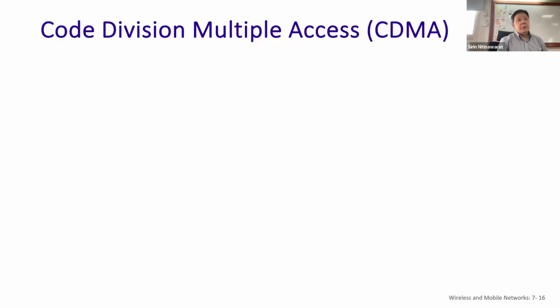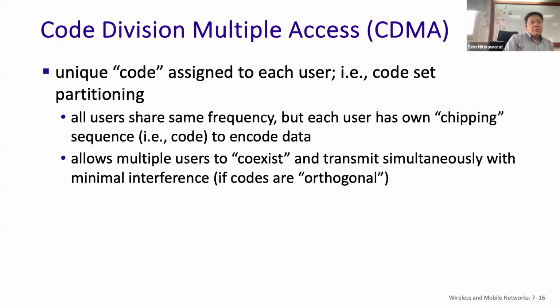An effective medium access control mechanism widely used in wireless networks is a scheme called Code Division Multiple Access, CDMA. Have you heard of it? CDMA. What do you think it does?